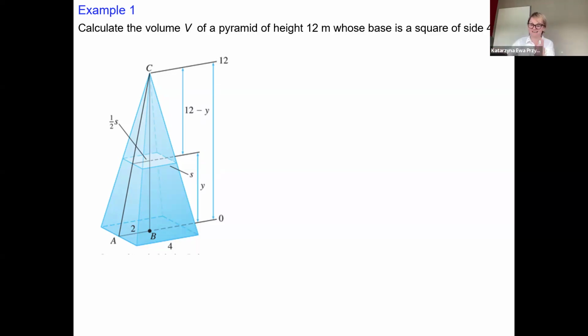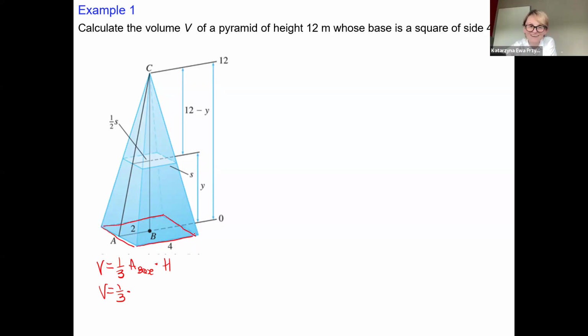Excellent. Actually, do you remember the formula for the volume of a pyramid? A pyramid is not exactly a cylinder. We still need the area of the base times the height, but since it's like a cone or pyramid, we have just 1/3. So 1/3 times the area of the base. What's the area of the base?